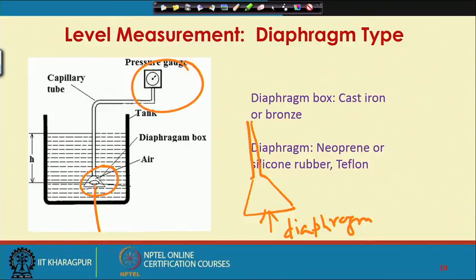So, I have a diaphragm box, and the diaphragm box is connected to the pressure gauge using a capillary tube. This diaphragm box contains air. So, there is captive air within this diaphragm box.